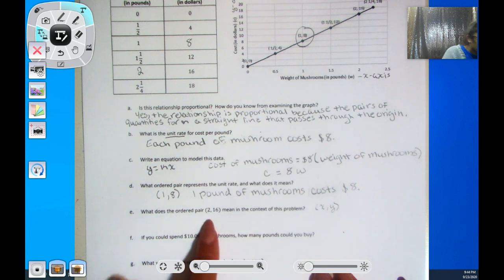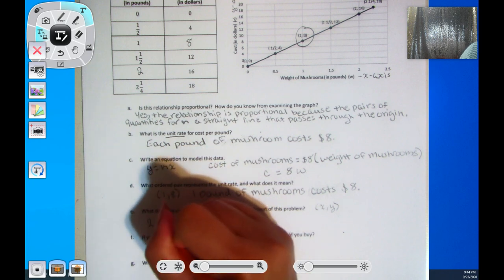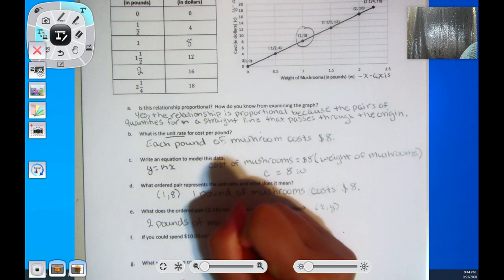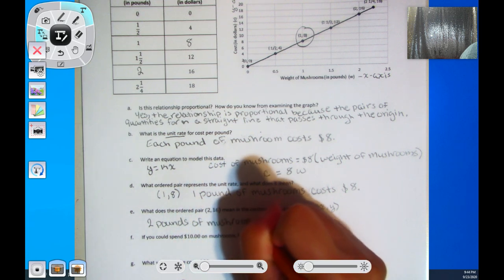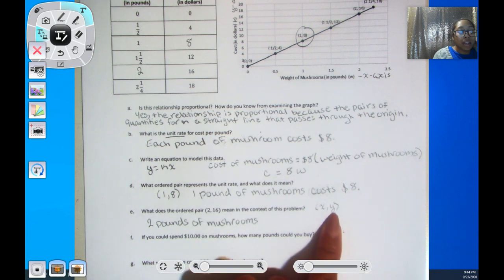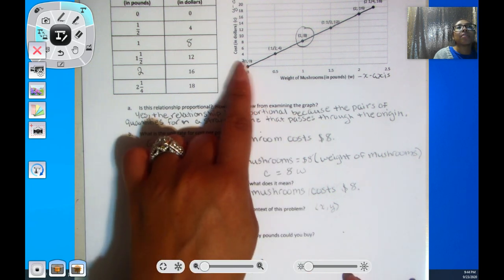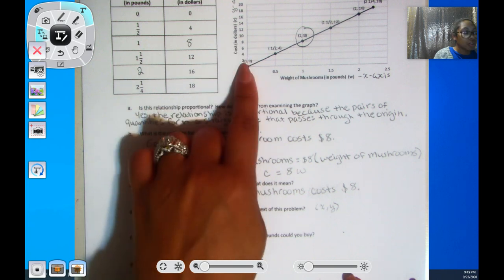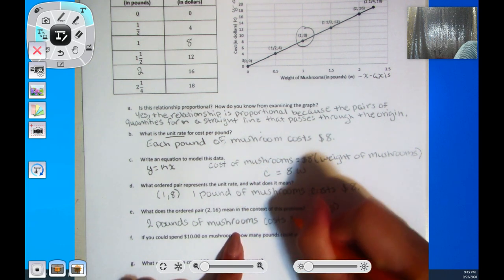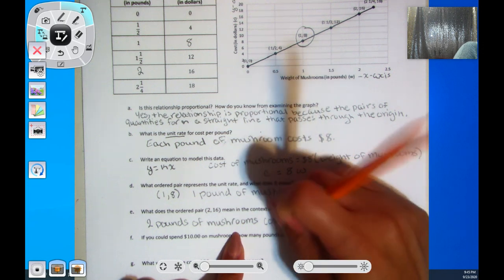So this must mean 2 pounds of mushrooms. And now this 16 is where the Y is in an ordered pair, and that is our dependent variable. On our graph, that represents the costs in dollars. So that means that 2 pounds of mushrooms costs $16.